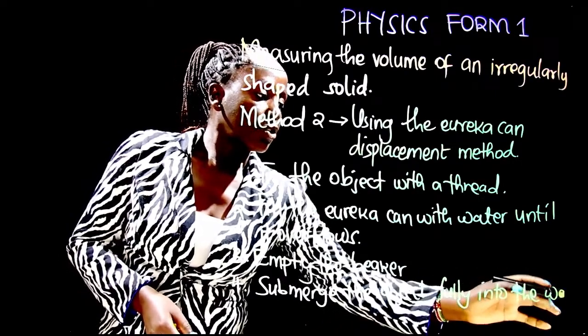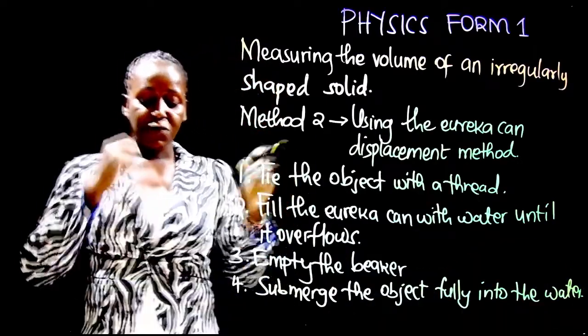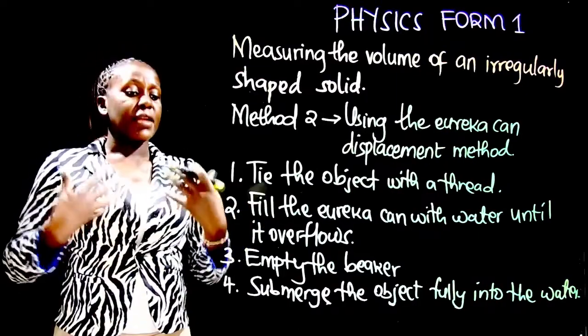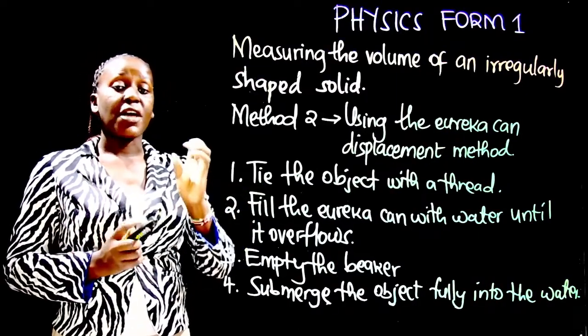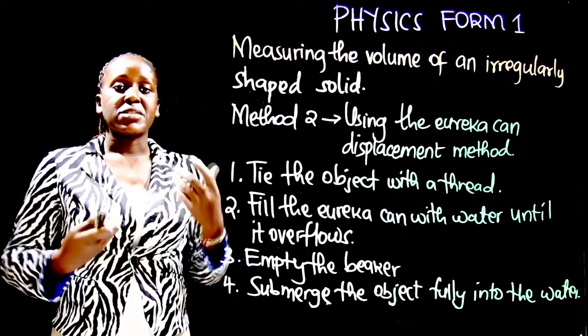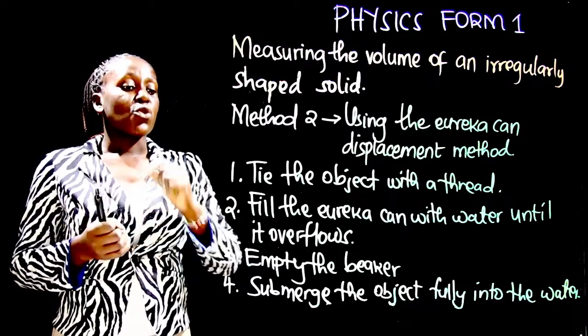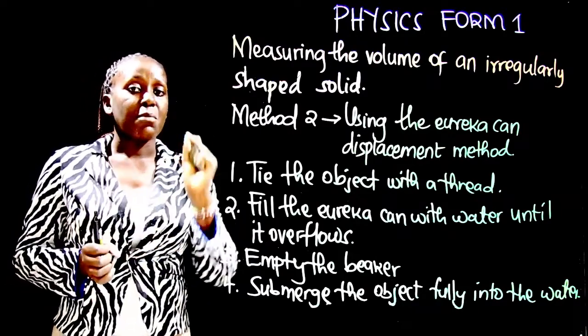Submerge the object fully into the water. After you submerge the object fully, some water will be displaced, because the object will need space to occupy. So water will be displaced to the beaker.